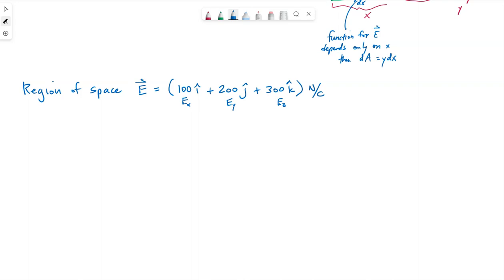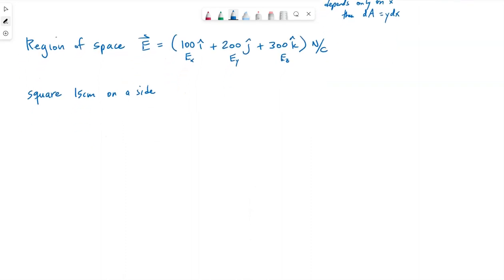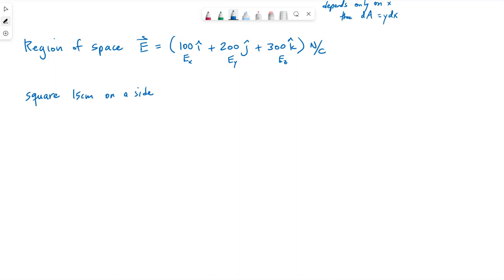So let's say we have a square that's 15 centimeters on the side. I want to find the electric flux in a few different orientations of this square.